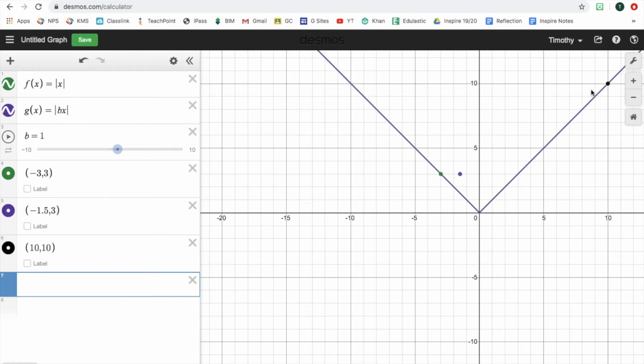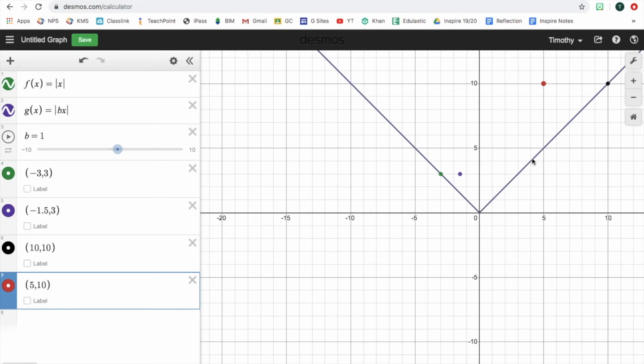Now if I make b 2, that means I'm squishing it in. So this 10 for the x is going to go to 5, and my y is going to stay the same. So this would be (5, 10). It's right there.